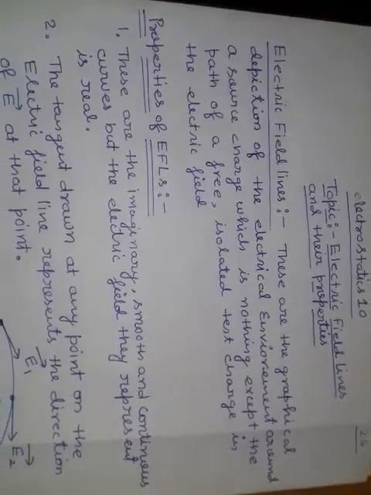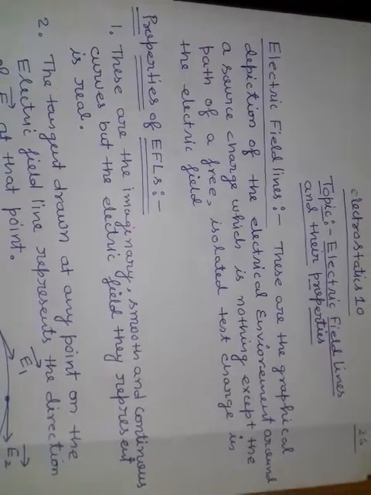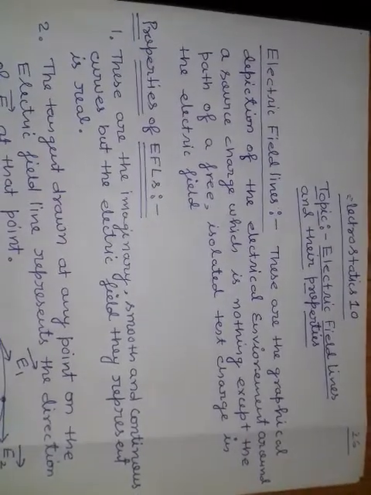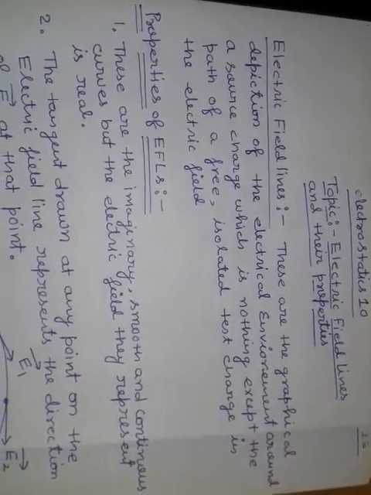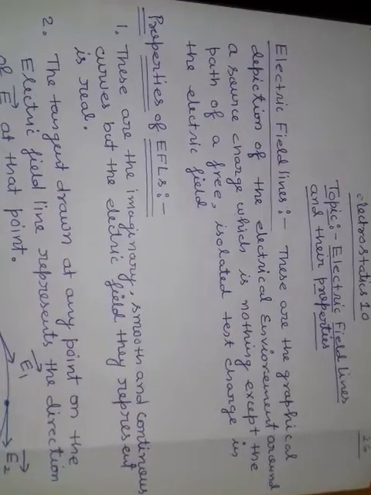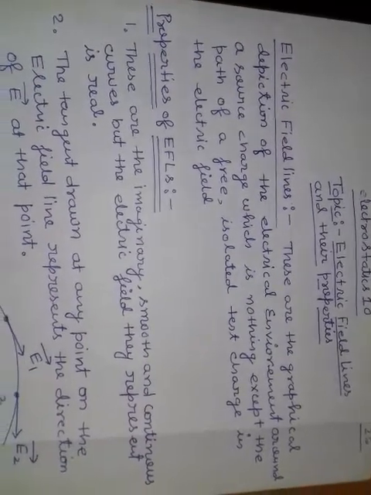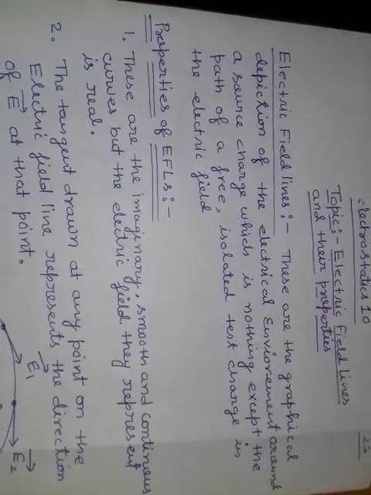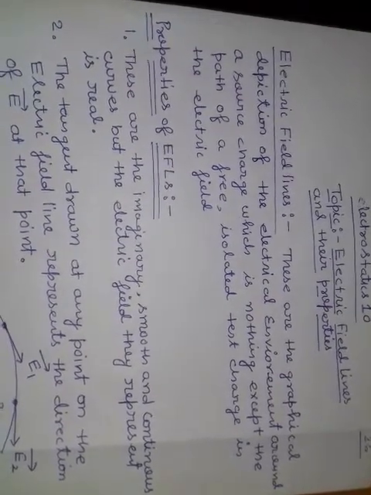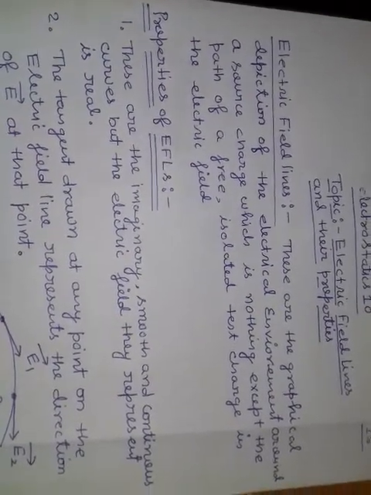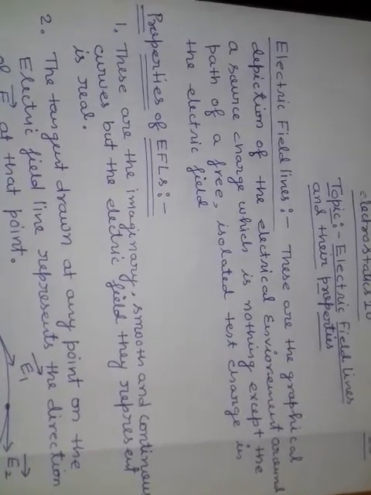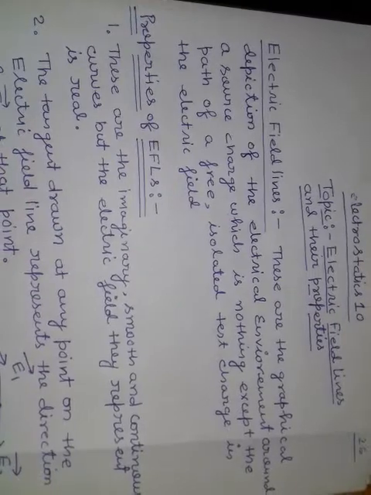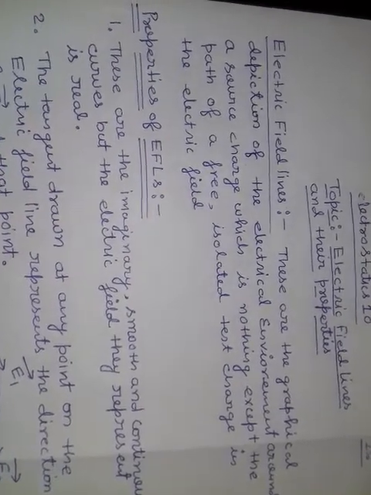Basically, this is the path of a free isolated test charge in the electric field. Suppose there is a source charge Q. If you put a test charge Q naught in the surroundings of the source charge Q, what will happen? The test charge will move away from the source charge.